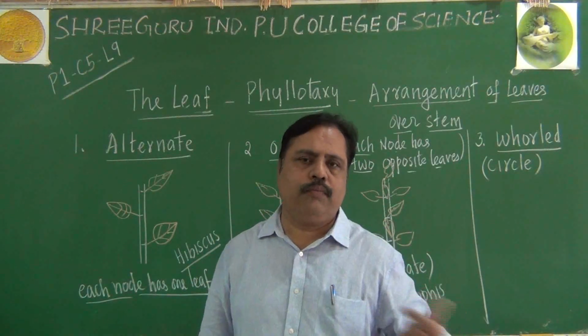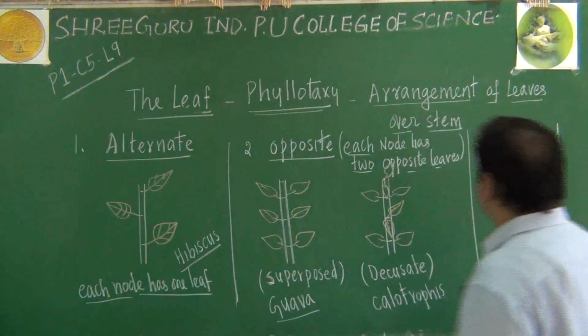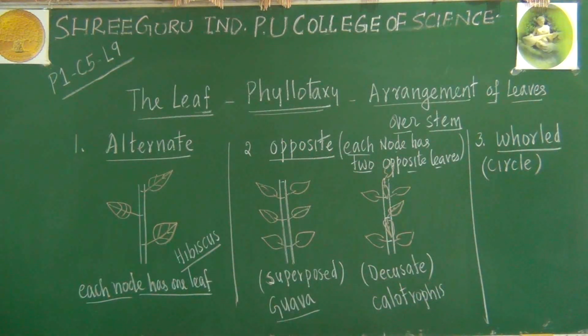It is whorled phyllotaxy. Circle of leaves are produced on each node. Remember the diagram here? This is the stem with nodes, internodes like this. In each node, many leaves are produced in a circular manner. This is one leaf, second, third, fourth, like this. Here also 1, 2, 3, 4 like this.